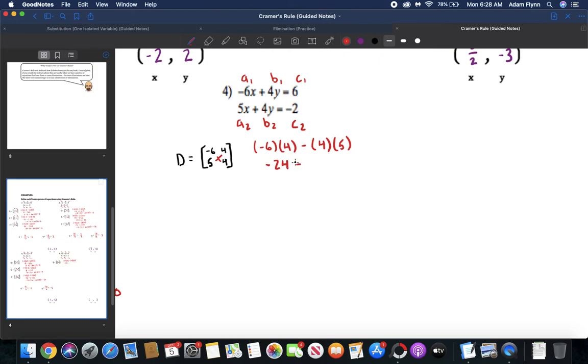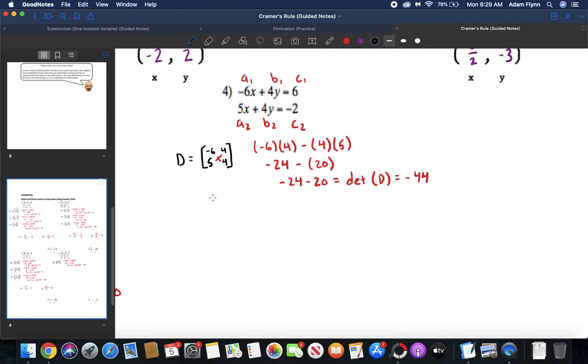Minus 4 times 5, which is going to be +20. -24 minus 20, I'll rewrite that without parentheses. So we know our determinant of D is going to be -24 minus 20, which is a -44.